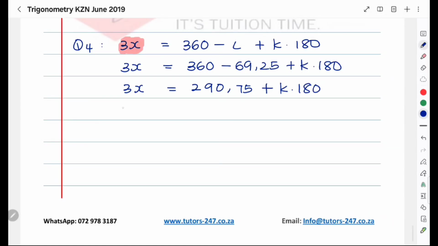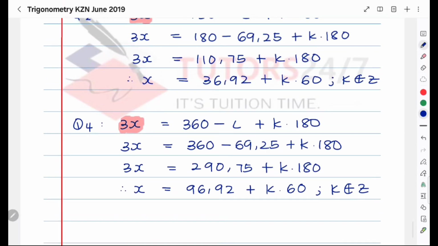From here, we divide both sides by 3 to solve for x. So 3x divided by 3 is x. 290.75 divided by 3 is 96.92. And k times 180 divided by 3 is k times 60. Because this is our final solution, we will say k an element of integers.